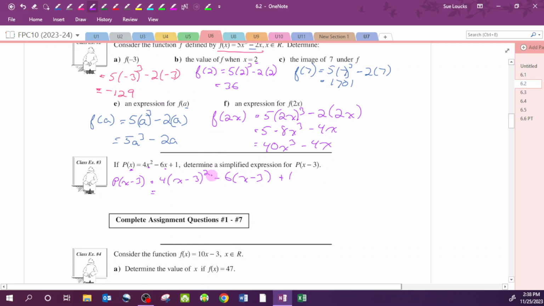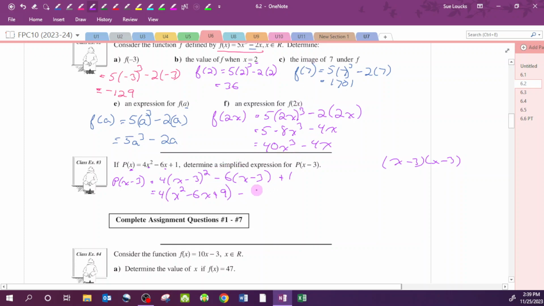So x minus 3 squared is a perfect square, so that's x squared minus 6x plus 9. Now, if you needed to go over to the side and go x minus 3 times x minus 3 and FOIL it, you go right ahead and do that, okay? If that's what you need to do to get the right answer, then you definitely should do that, okay?